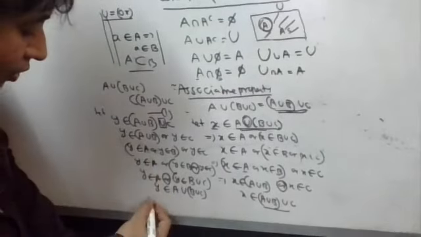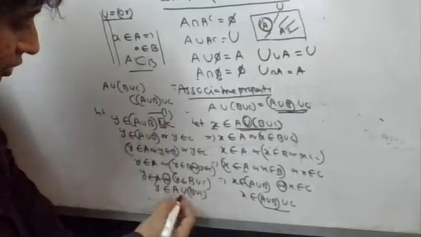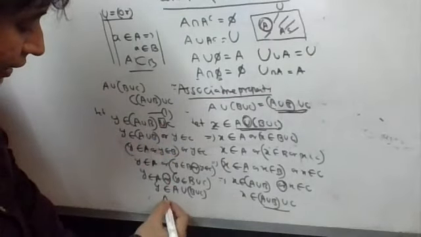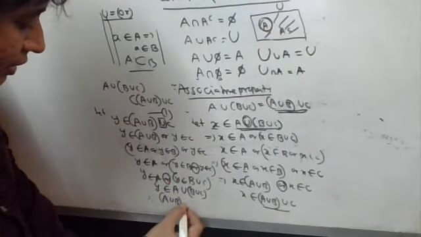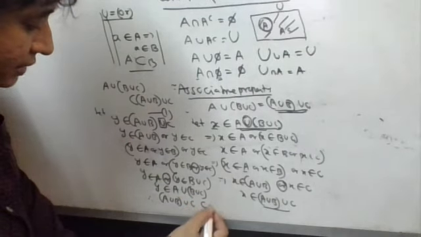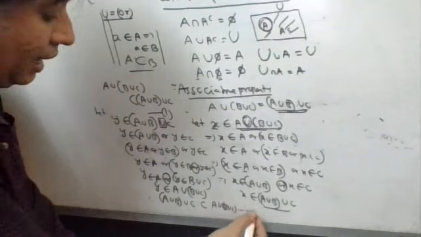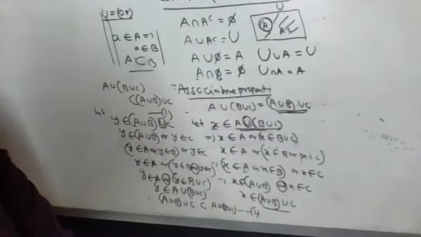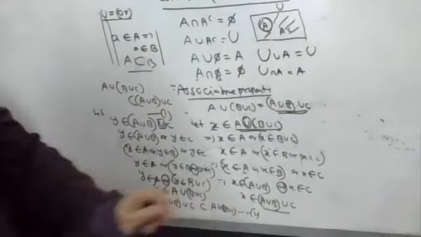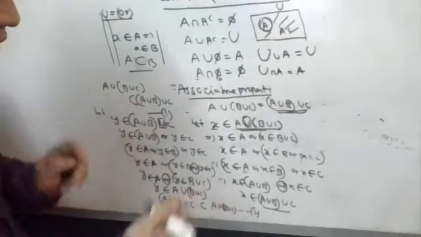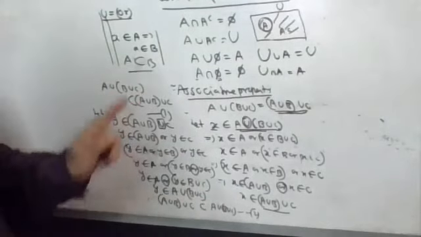Therefore A union B union C is the subset of A union B union C. I am labeling this as 2. Result 2.